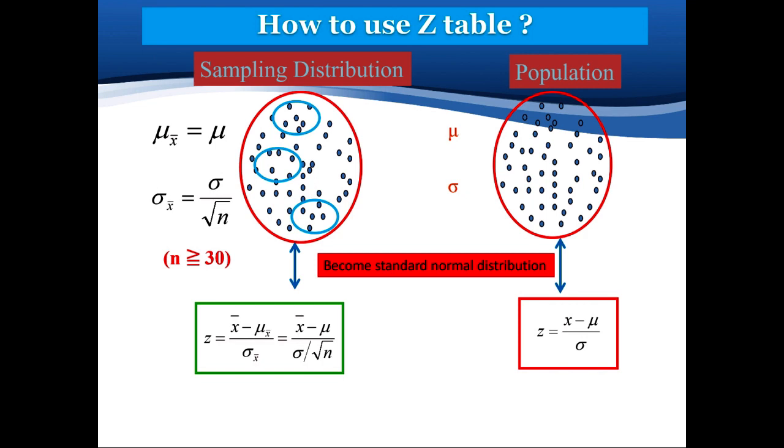From the central limit theorem, the standard deviation of the sampling distribution is sigma divided by square root of n. Now, by using the z-score formula, we transform it into a standard normal distribution so that we can use the z-table now.